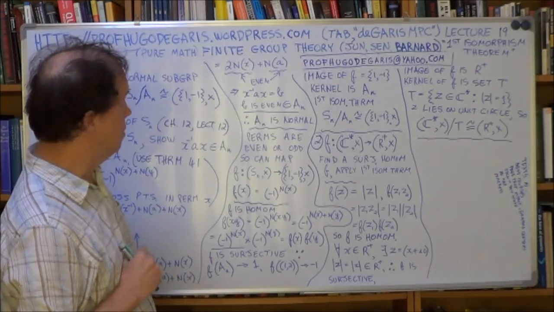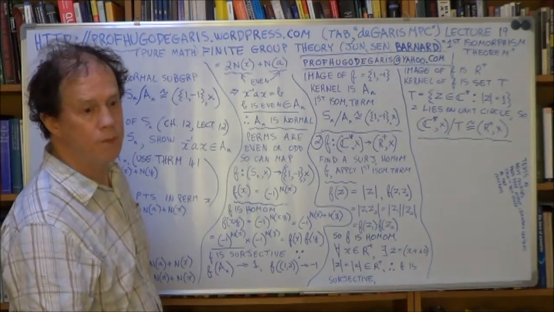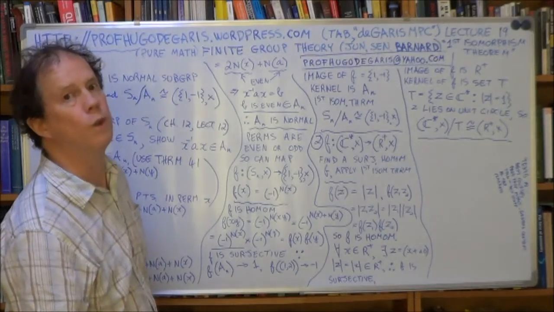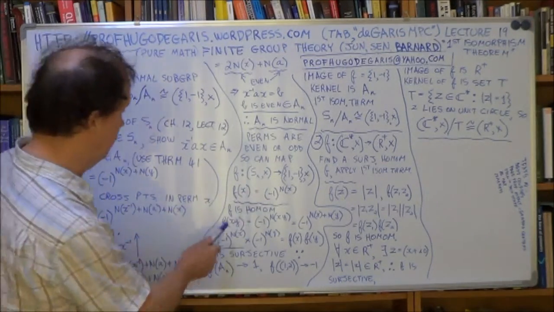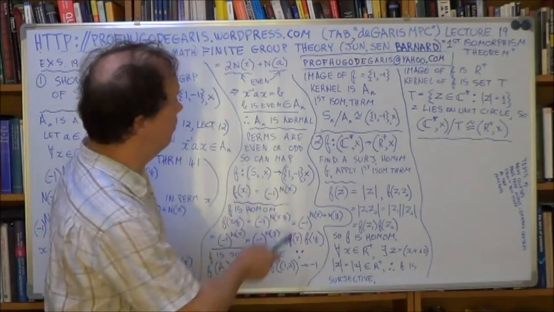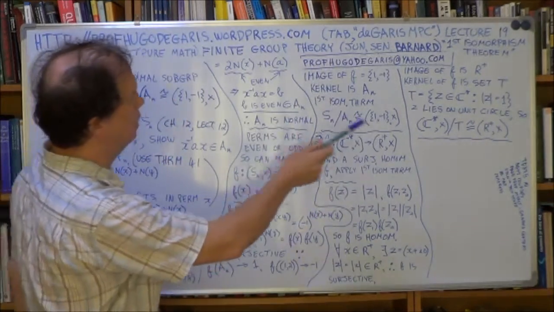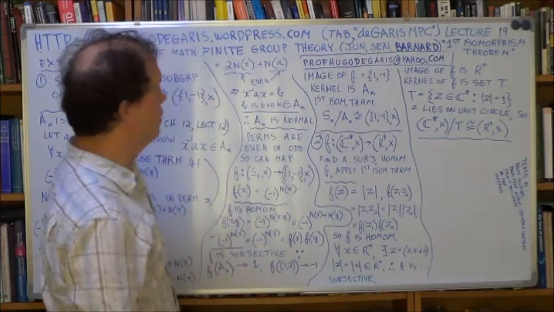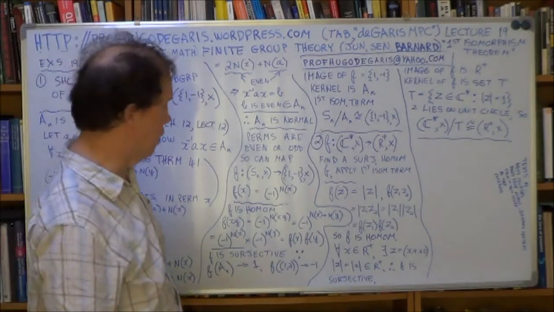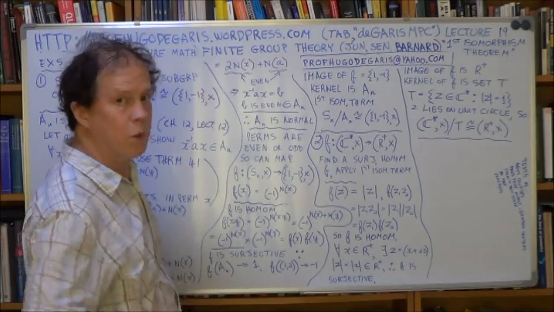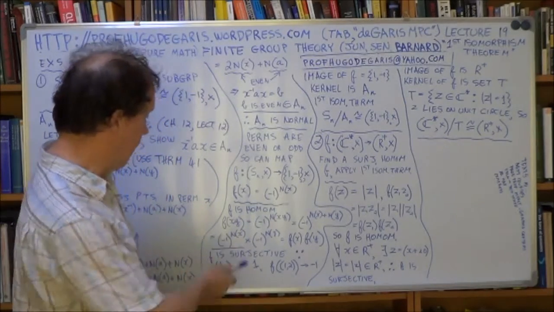And we also need to find the image of f and the kernel of f. Once we've got all those things, then we can use the first isomorphism theorem and prove this. So that's the strategy. Quite a bit of reasoning involved.